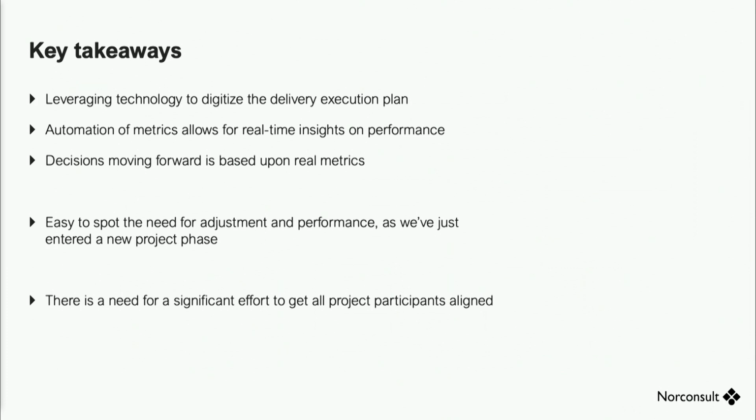And one important part is actually leveraging technology by digitizing the delivery execution plan. The automation of metrics does allow for real-time insights on performance in this project, and we can decide where to take measures and how to move forward based on real metrics and not only guessing.